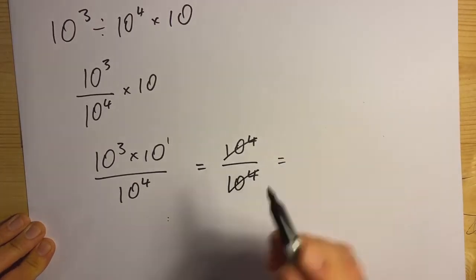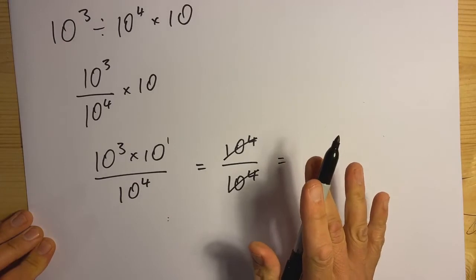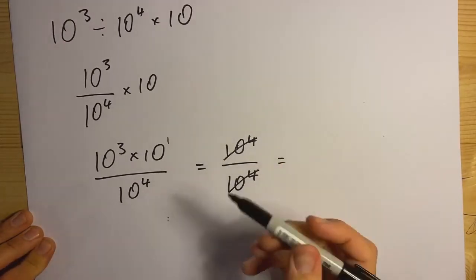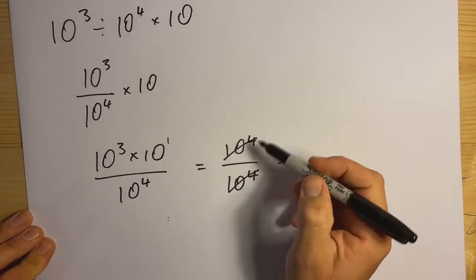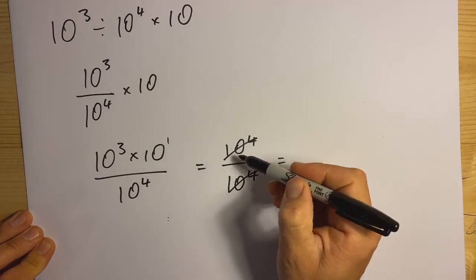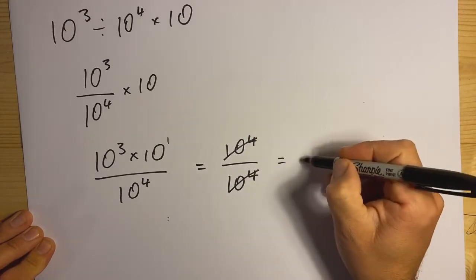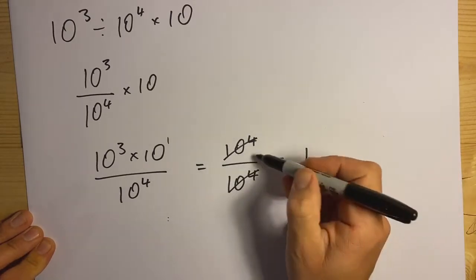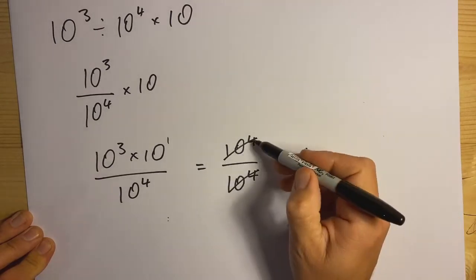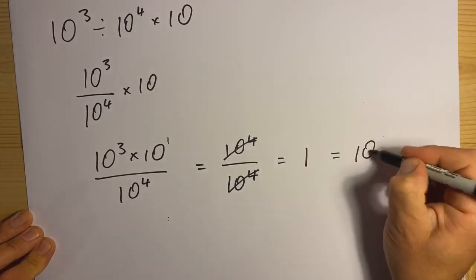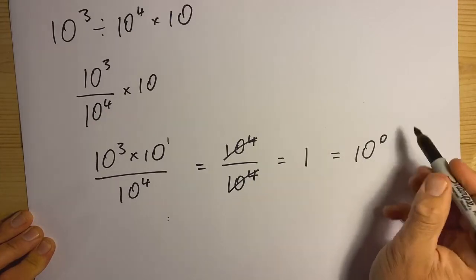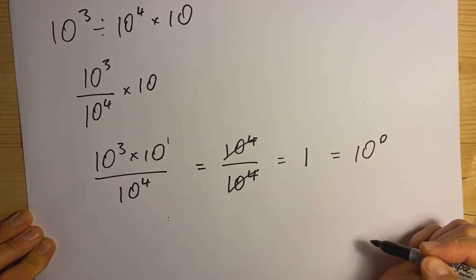These two cancel out. Now remember, they cancel out, it doesn't mean they go to 0, it means that they just become 1. So 10 to the power 4 divided by 10 to the power 4 is 1. Or we could look at this in our powers way, that would be 4 minus 4, which is 10 to the power 0, and anything to the power 0 is 1.